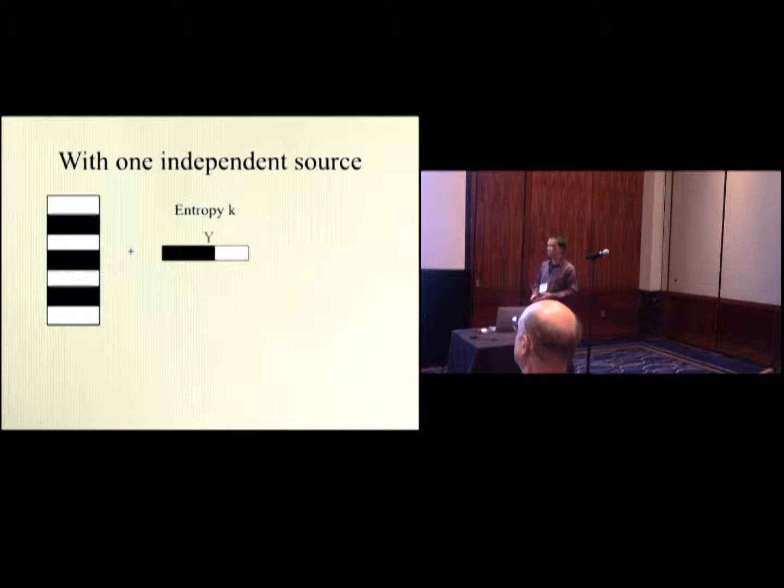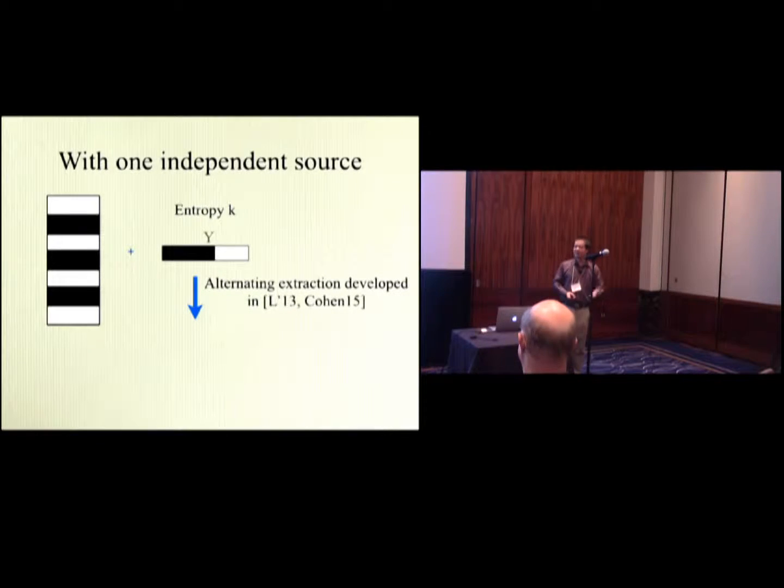So, for example, suppose with this matrix we have another independent weak random source, say with entropy k. Then we can take this matrix and this independent weak random source and do all of these alternating extractions that you have seen in previous talks, and this correlation breaker that you have seen in Gil's talk, right?